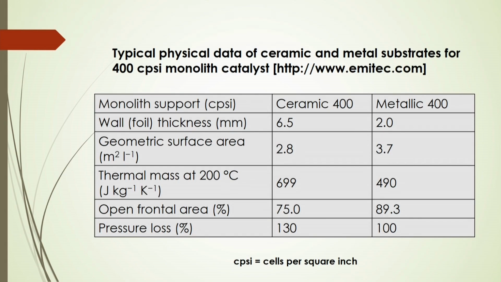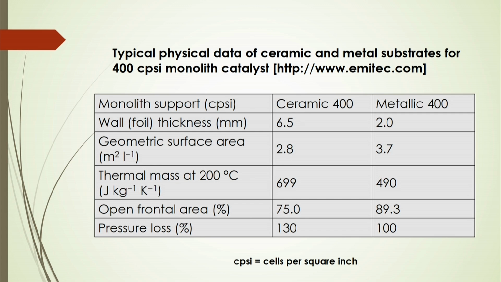They have reported monolith supports in terms of cells per square inch, called CPSI, and what the wall thickness, geometric surface area, thermal mass, open frontal area, and pressure loss should be.